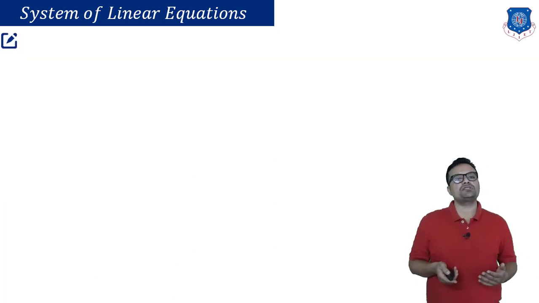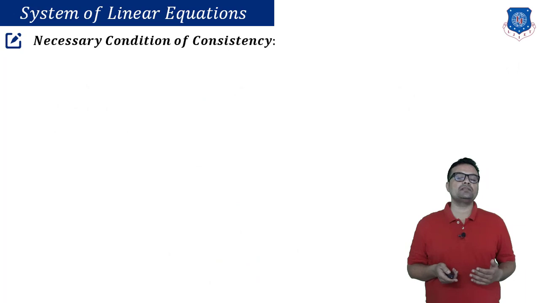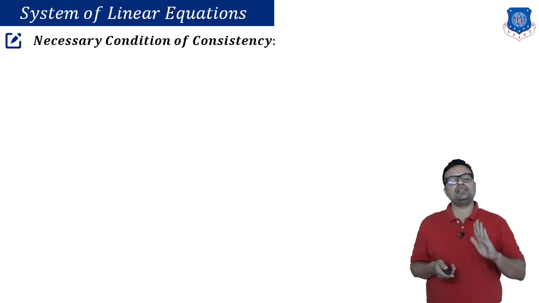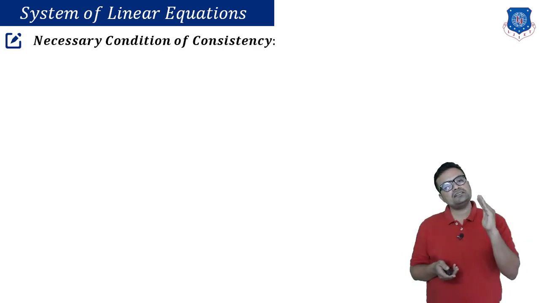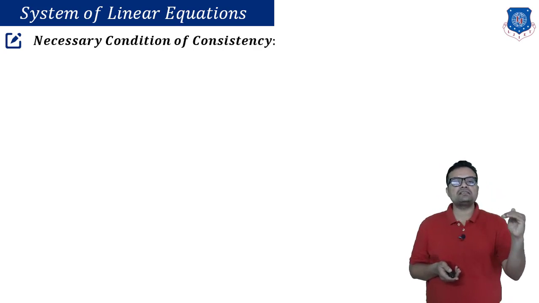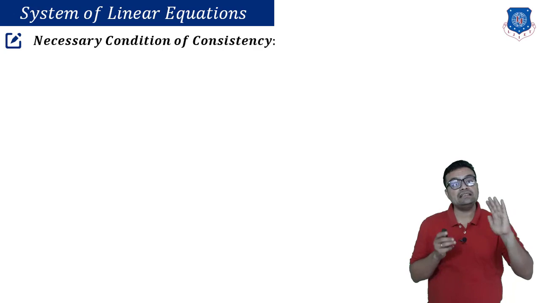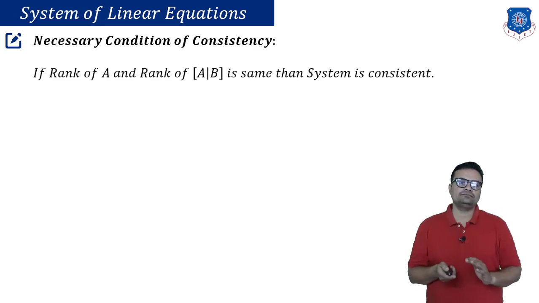The next calculation in our consideration would be this. After converting the matrix into row echelon form, now we can check whether our system is consistent or not. Consistent system means whether the planes represented by these three equations are intersecting or not.